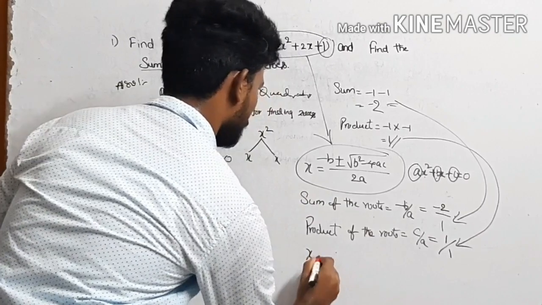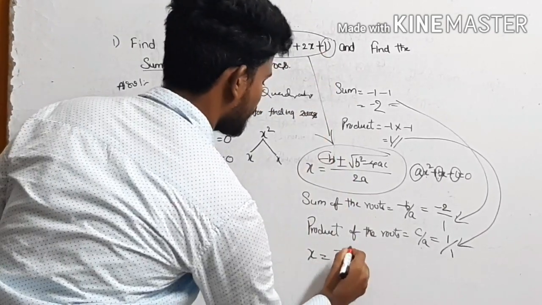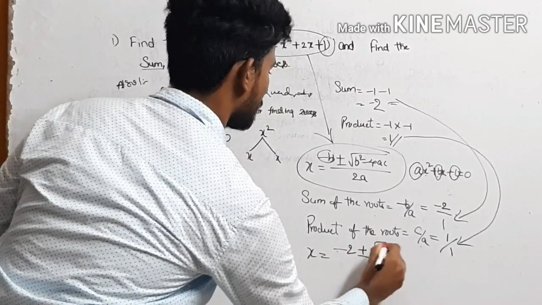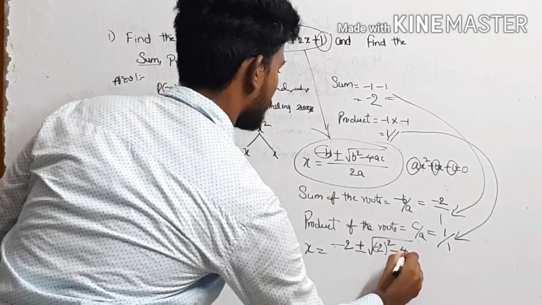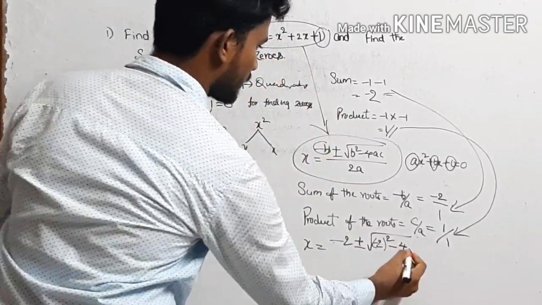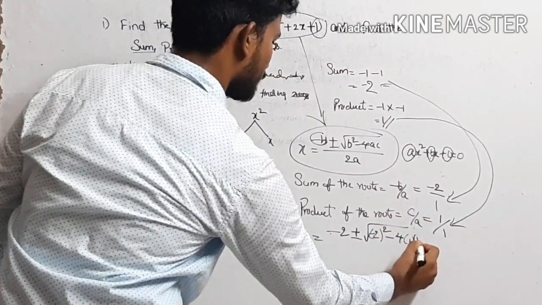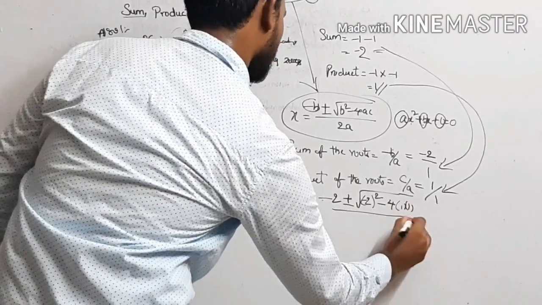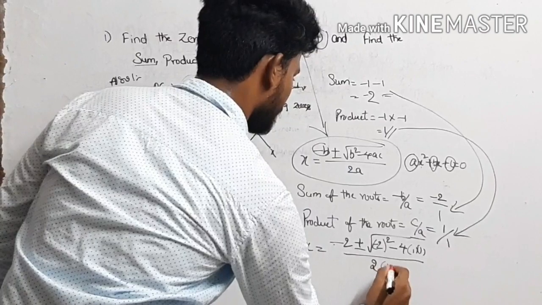For the zeros, x equals minus b, meaning the coefficient of x, that is minus 2, plus or minus root over minus 2 whole square minus 4 into a, the coefficient of x square, that is 1, and c, the constant term, which is also 1, by 2 into a, that is 1.